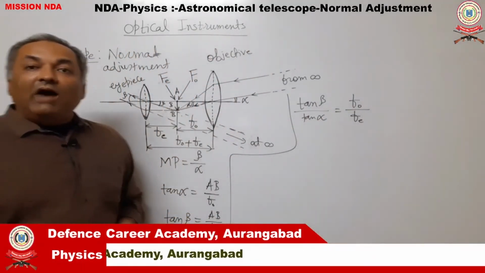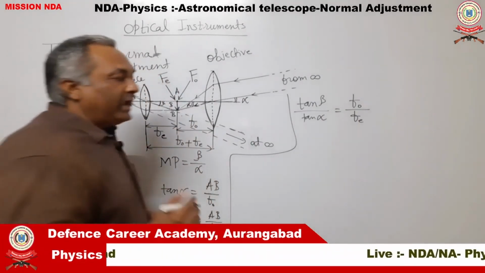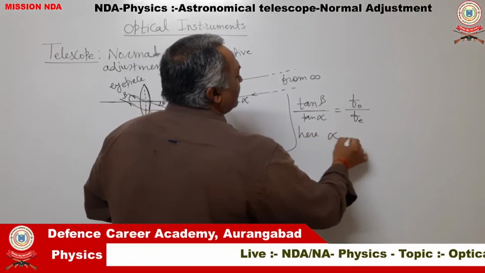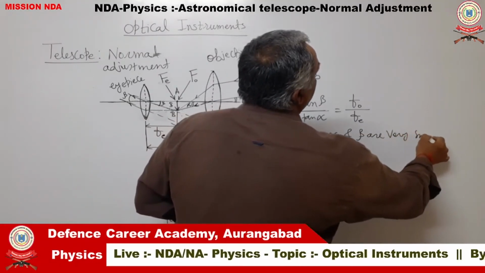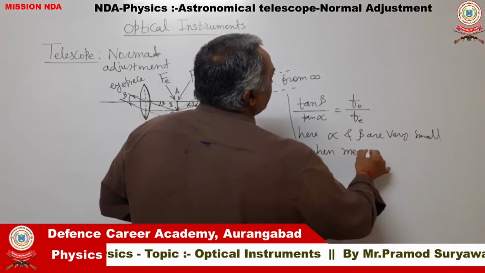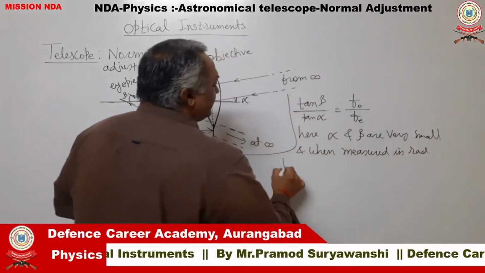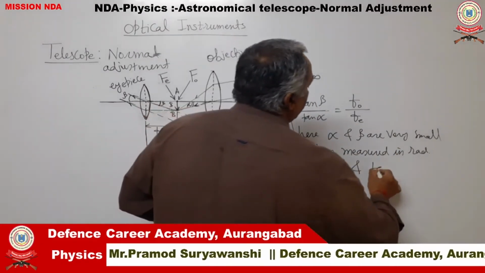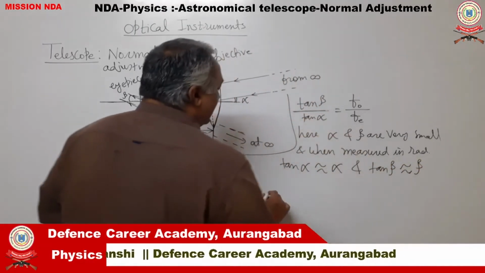Now after this, we apply exactly the same approximation which we applied in the case of a compound microscope, that here angles alpha and beta are very small, and when measured in radians, tan alpha is approximately equal to alpha and tan beta is approximately equal to beta.